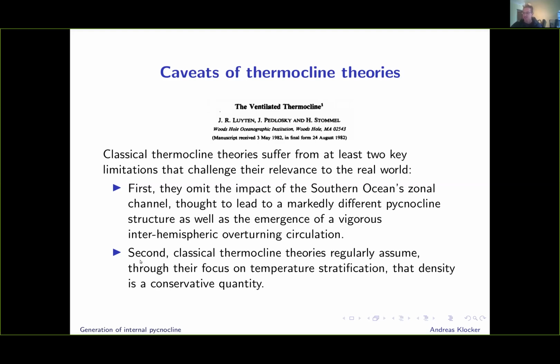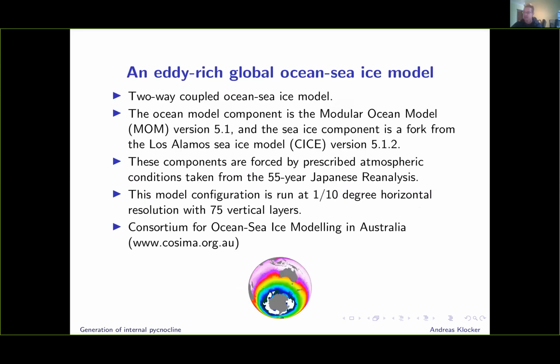Second, something which is going to ring a bell with everyone working on polar oceanography: all those theories think that density is set just by temperature, but everyone who works in the polar ocean knows that most of the polar stratification is actually set by salinity, and the nonlinear equation of state for a two-component fluid is crucial. So let's see what happens if we address those caveats and look at a realistic model.